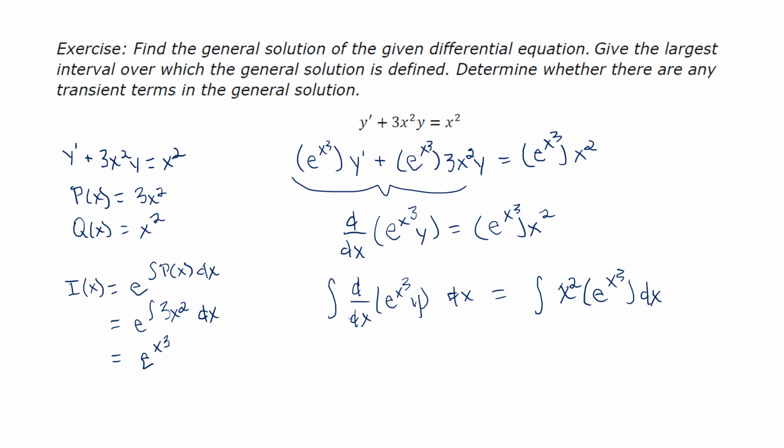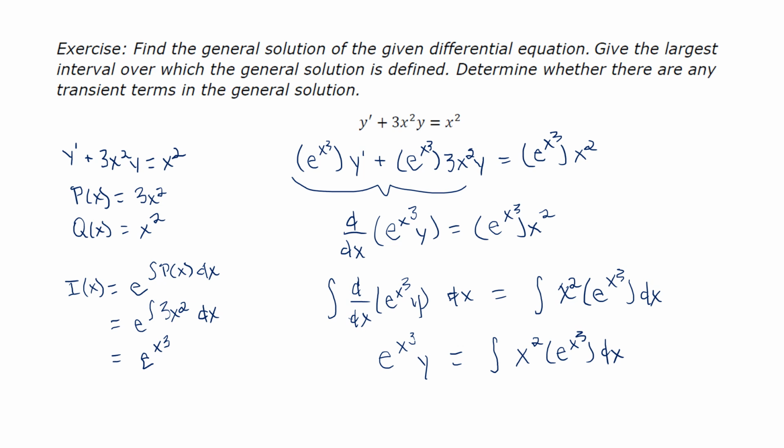Okay, now we can simplify. So the left side, we'll just have e to the power x cubed y equals the integral of x squared e to the x cubed dx.